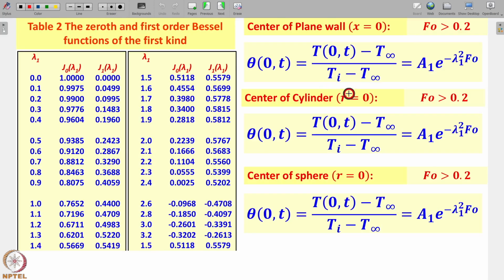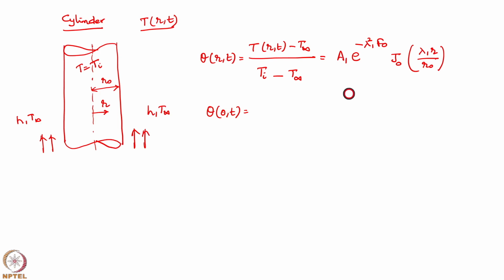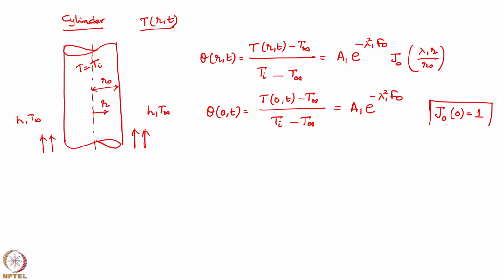Now theta at 0 comma t is T of 0 comma t minus T infinity divided by Ti minus T infinity is equal to A1 e to the power of minus lambda 1 squared Fourier number, because the 0th order Bessel function at 0 is 1. Okay, that you can check in the table as well. If you just go back and see the table, you are going to get that.